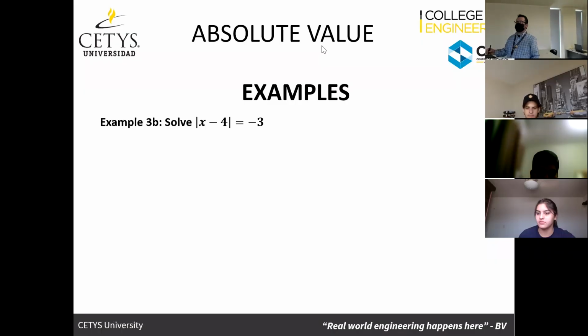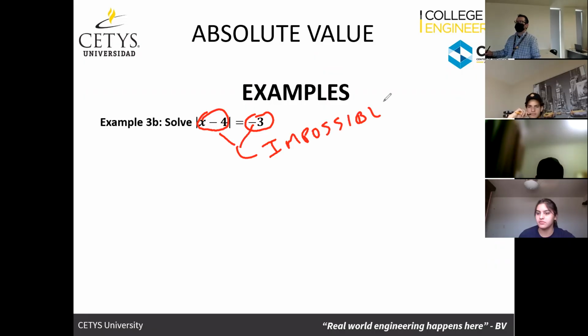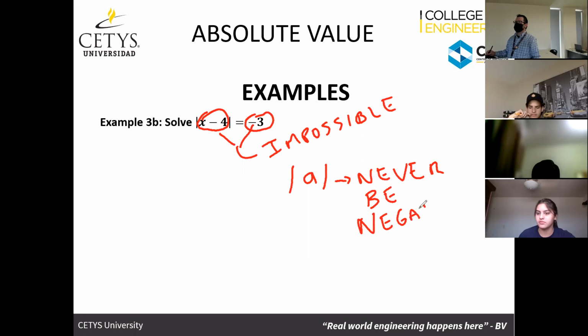So I've got the absolute value of x minus 4, and I'm saying it's equal to a negative number. This is impossible. Meaning, the absolute value of a can never be negative.